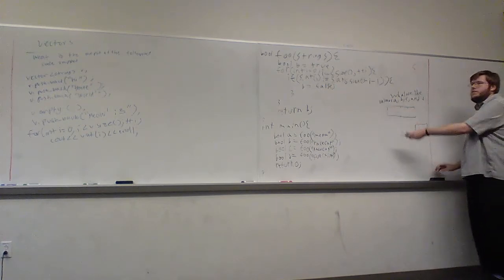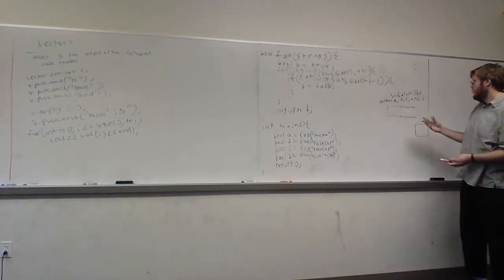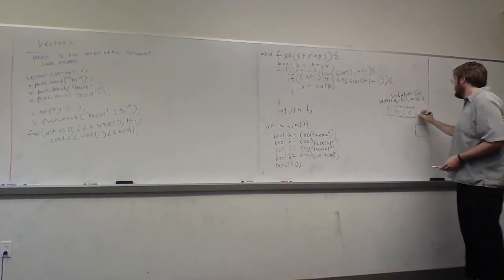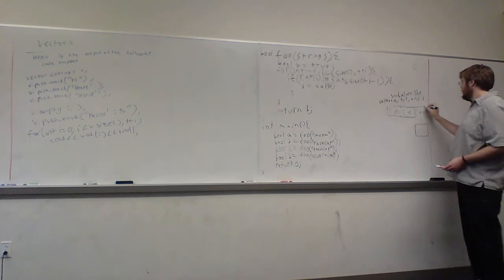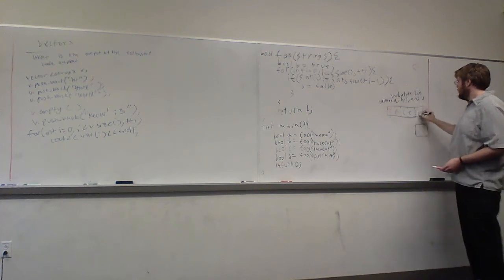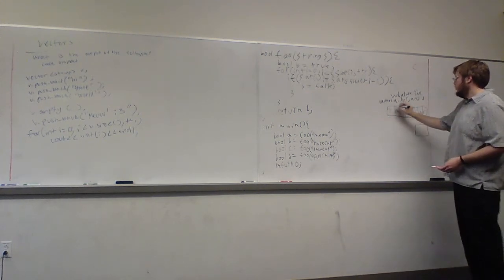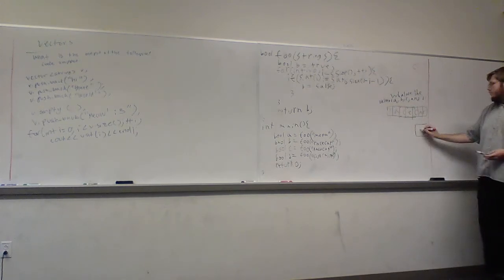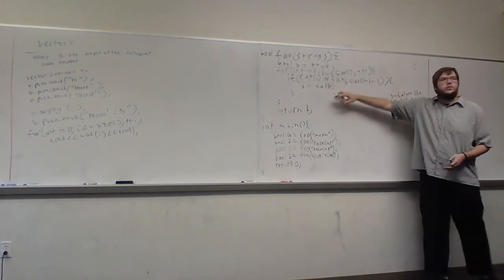Wait. So now let's try race car. Only do the first two. Okay, so we start with I equal to 0, right? So I is equal to 0. What two characters is it comparing?